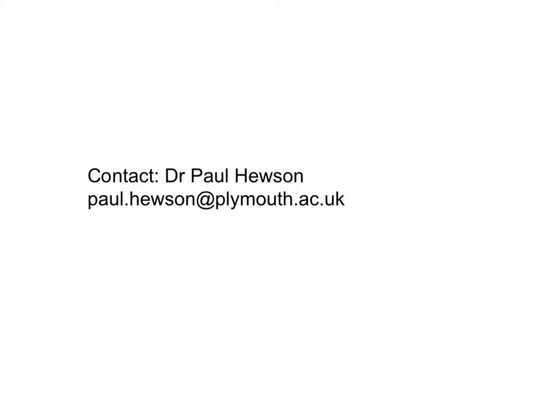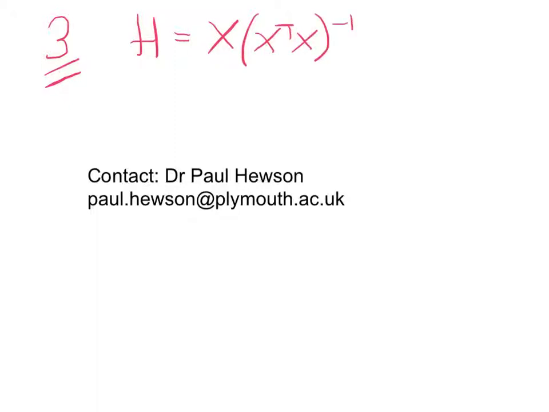So we've seen three properties of the hat matrix. We've defined a hat matrix equal to X (X transpose X) inverse X transpose. We've said in our notation X has n rows and p columns, and we've seen that H is symmetric.